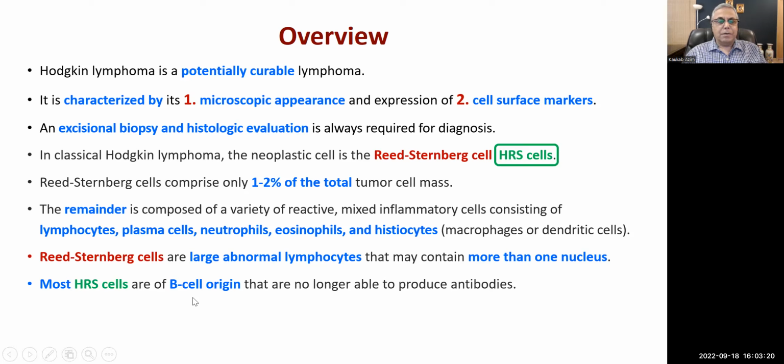Most Hodgkin-Reed-Sternberg cells are of B cell origin, and they are no longer able to produce antibodies. We all know that the B cells are produced in the bone marrow, they mature in the bone marrow, and then they have got certain cell markers.